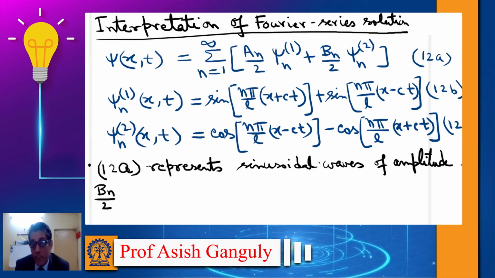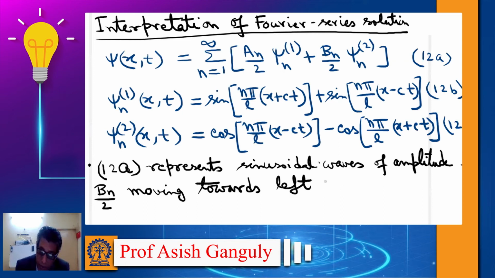One is moving towards left, another is moving towards right, with speed c. This is one.